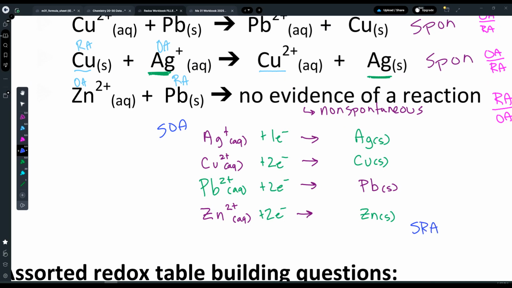Your SRA should always be in the bottom right-hand corner. For the oxidizing agents, starting at the top going down to the bottom, you start out strong, you get weak. With the reducing agents, you start at the bottom, and as you go up, you get weaker and weaker. Okay, and there you have it.